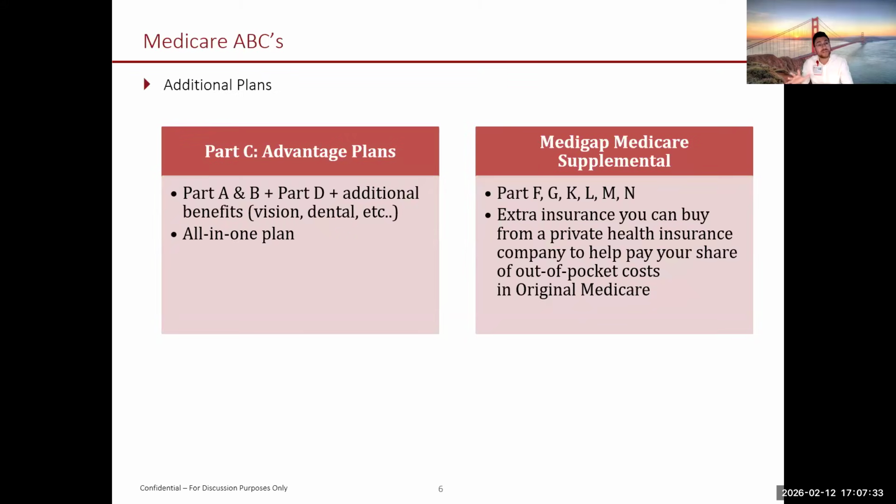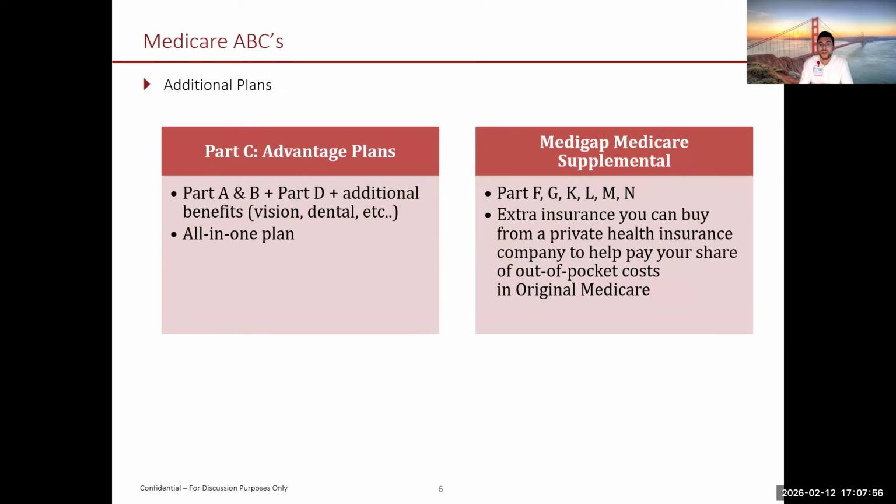And you may have some additional benefits in your Advantage plan, depending on which one it is, that aren't covered in the A and B original and the standalone Part D prescription drug plan. So Part C is your combo, sort of all-in-one plan. I have one card. It shows my insurance for my doctor, but also my pharmacy, and maybe a few additional benefits.